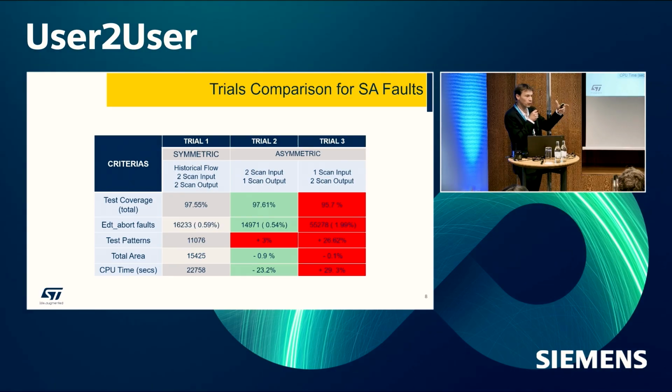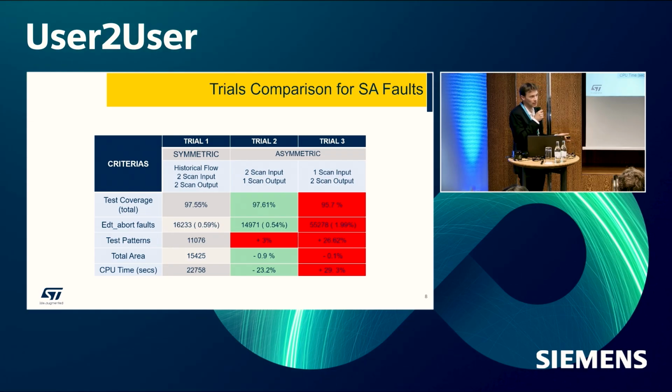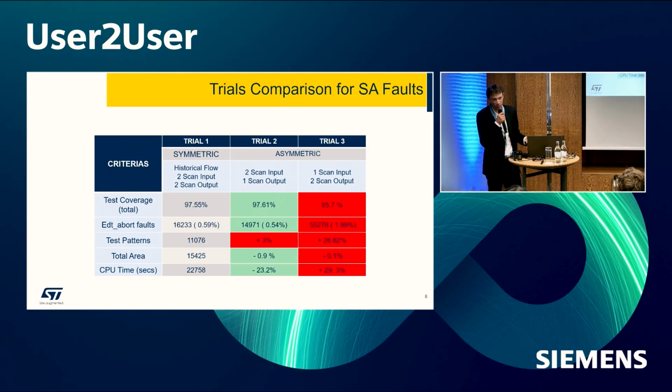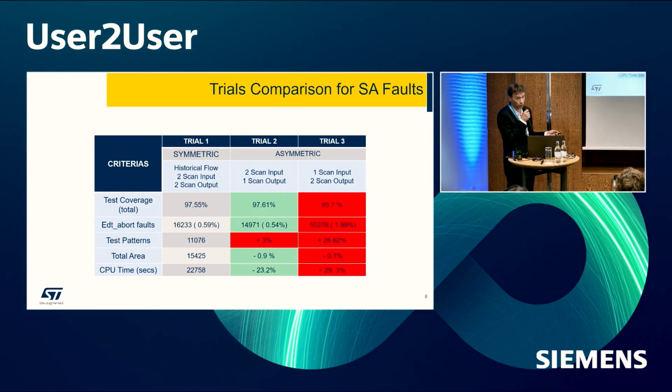So basically, you have a big imager on top of the die, which is very long to test. The analog test is usually much longer than the digital test. So it was not a big problem to have a 3% pattern inflation. The total area, however, was reduced by almost 1%. Like I said, in some of their designs, every flop counts. So it's quite important to have this kind of result. And the runtime in the end was also better.